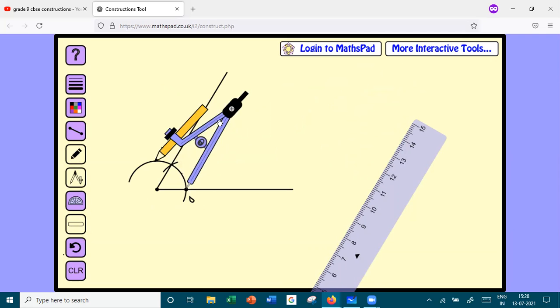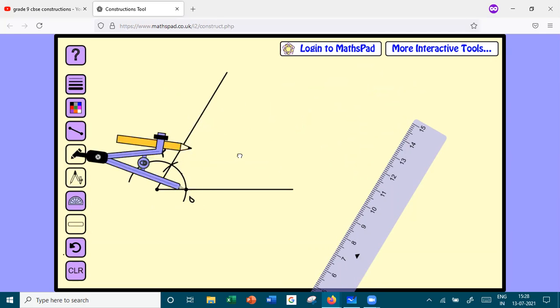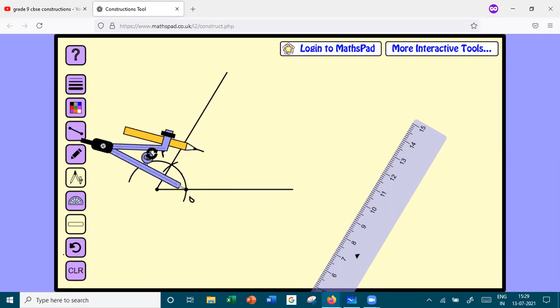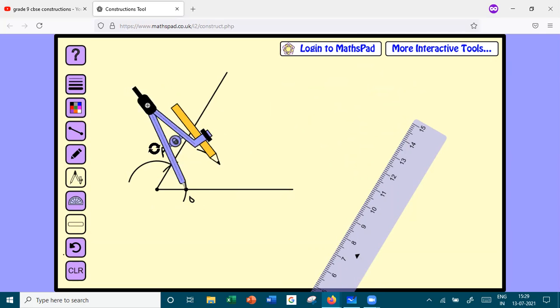Okay, keep your compass at O and you can draw an arc here, right? Okay, do the same thing at P.